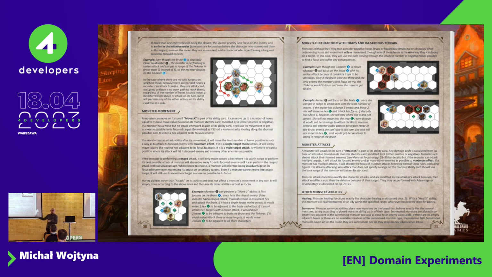And according to these rules, you say, okay, the monster will focus this player and it will attack it and try to move the shortest way, for instance, or maybe the other way, according to some rules. And when you have some experience in reading rule books, playing board games, RPGs, when you read it, you say, yeah, that's obvious. It's absolutely clear. I understand it.